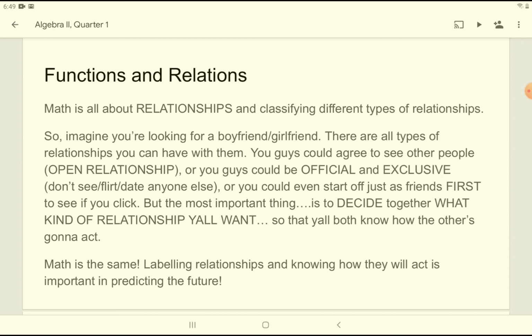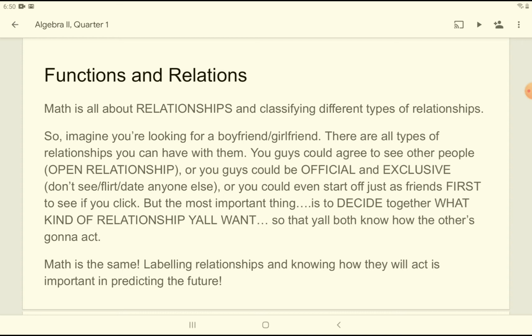Okay, so imagine you're looking for a boyfriend or girlfriend. There are all types of relationships you can have with them. You guys could agree to see other people, which would be an open relationship, or you guys could be official and exclusive. So you wouldn't see anybody else. You wouldn't flirt or date anybody else, right?